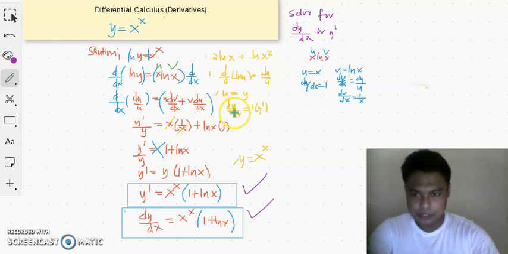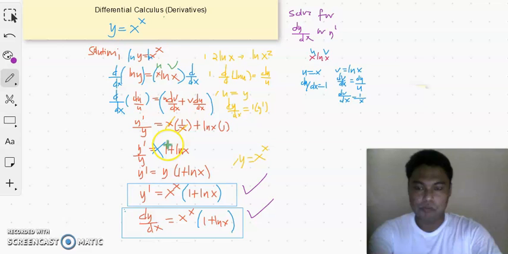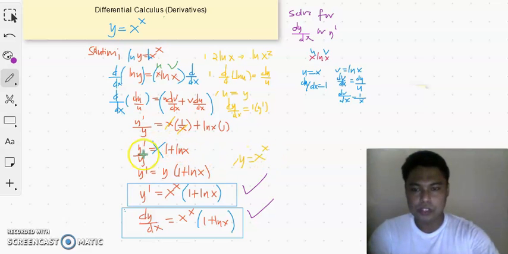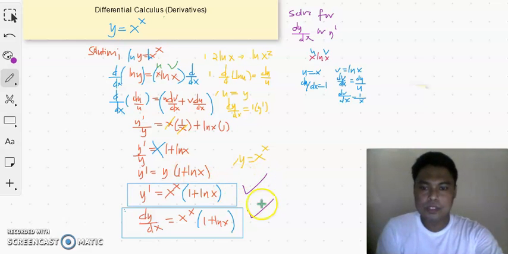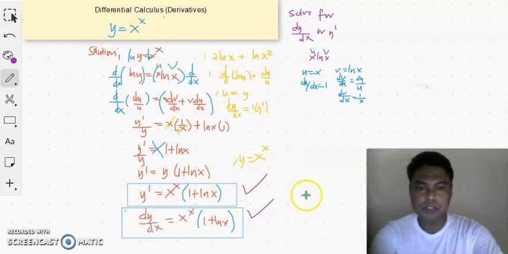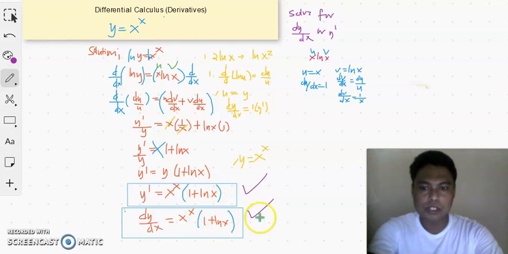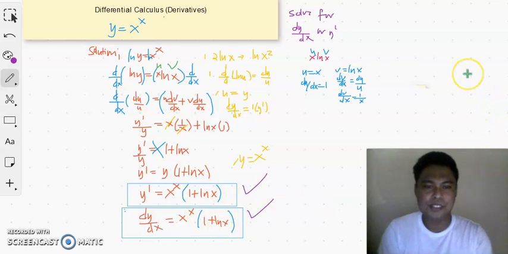Then apply the cross multiply, and we're going to have the answer y prime equals y times (1 plus ln x). So this will be the simplified answer: y prime equals x raised to x, times (1 plus ln x).